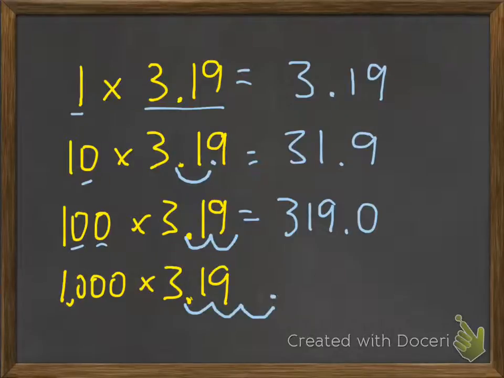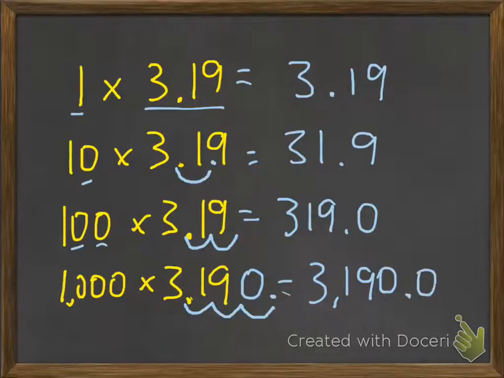It's going to be right here. I have this empty spot I need to fill in with a 0, and now it gives me a value of 3,190. And you could put that decimal 0 in there if you like. Otherwise, you could leave it off. It doesn't change the value. So that's the rule. When we multiply by a power of 10, that decimal is going to be moving to the right.